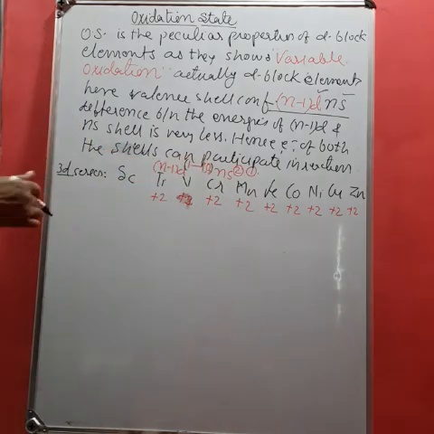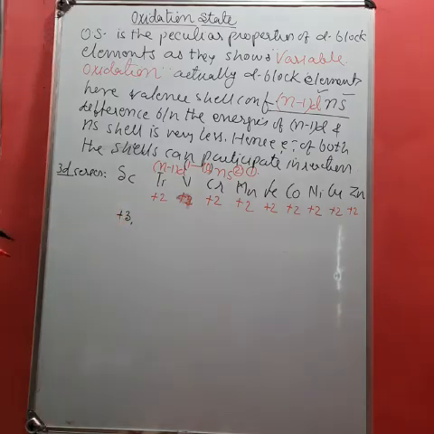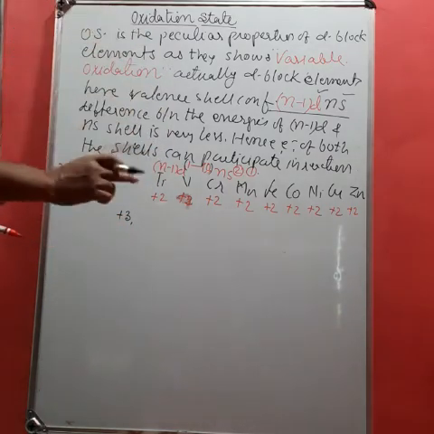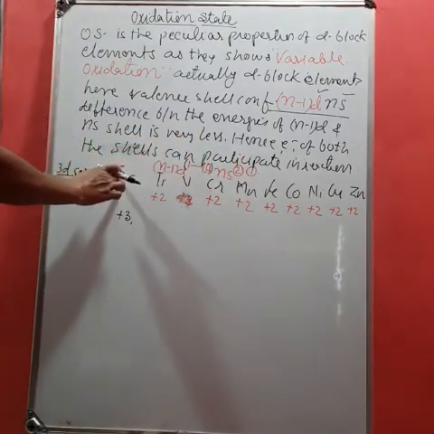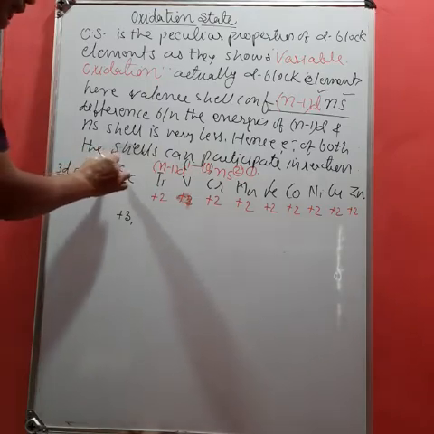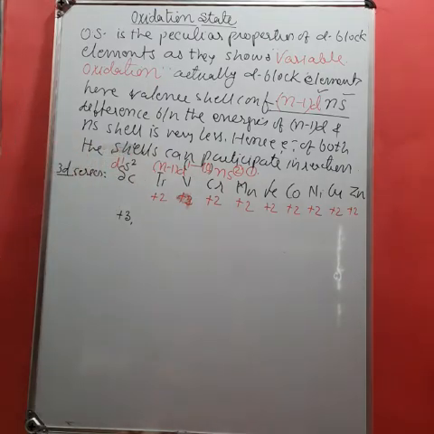Like in case of scandium, its most common oxidation state is +3. This is due to the electrons of ns, +2, and d1, because it has configuration d1 and s2. So 2 plus 1 is equal to 3.